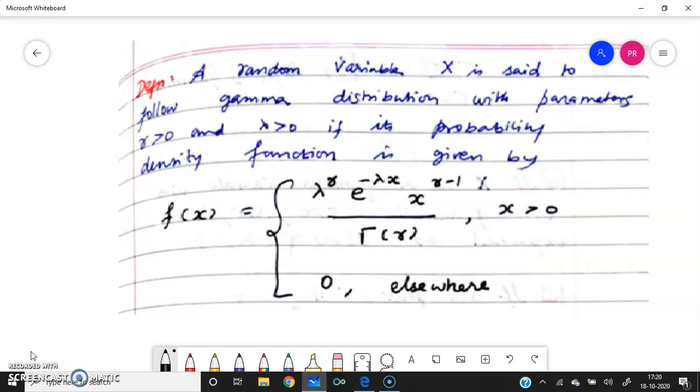This gamma of r is the gamma function we have seen already. Here x is greater than 0, or 0 elsewhere. This is the PDF of the gamma distribution, and remember, x is greater than 0.